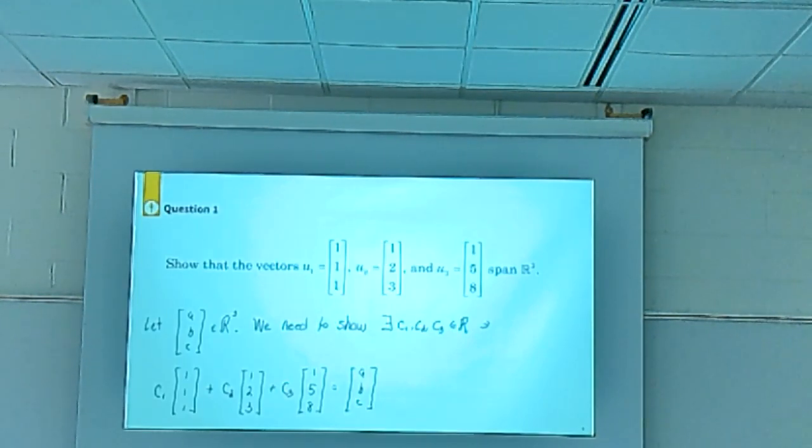So write this equation as an actual system. That would be your first equation, right?